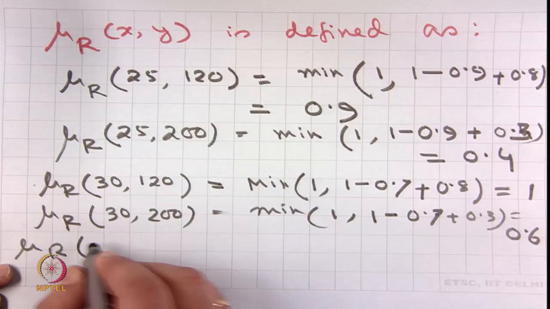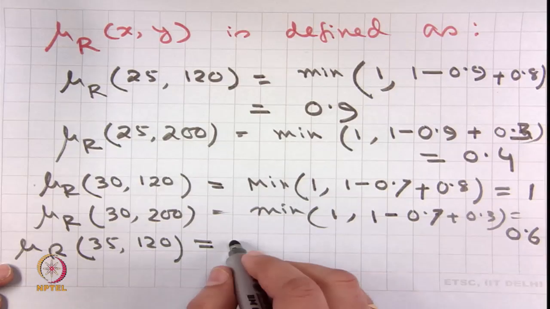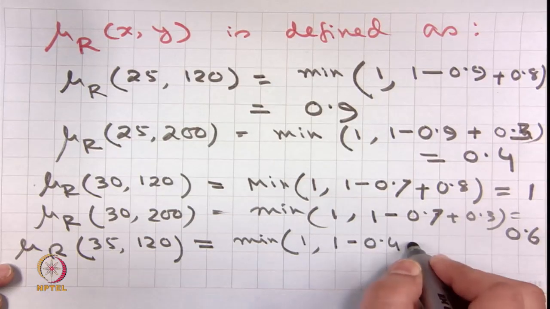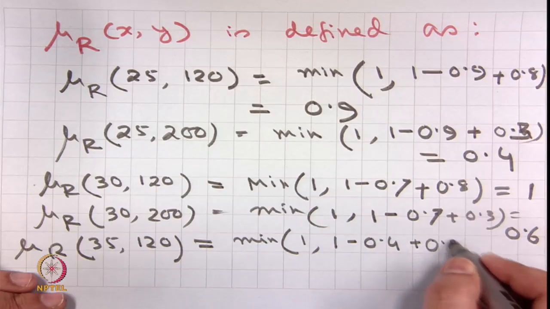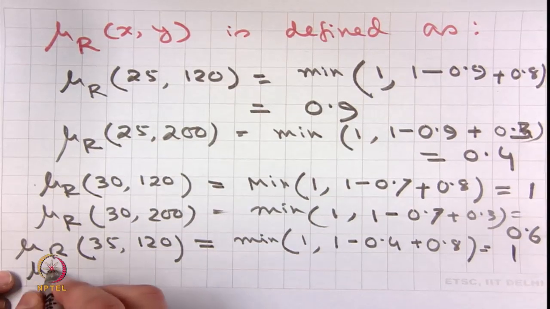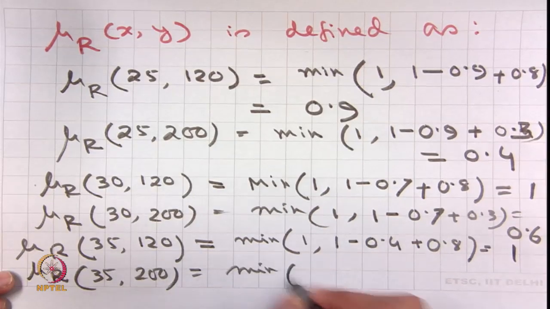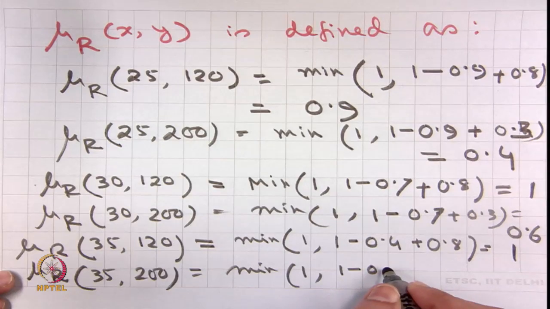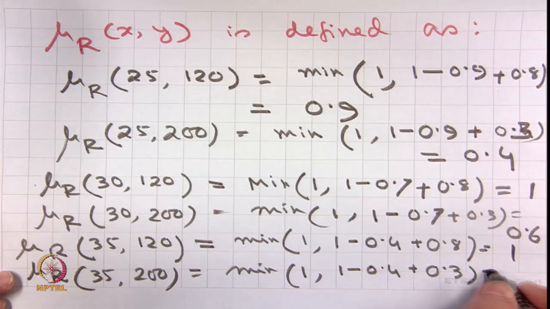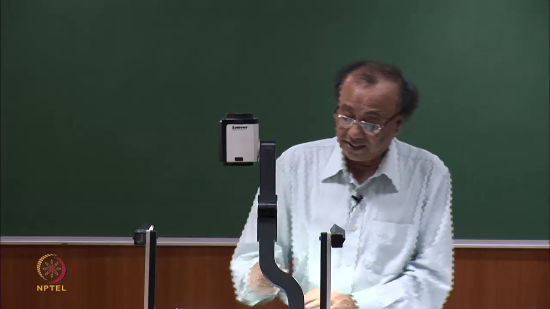Mu R of 35 comma 120 is equal to minimum of 1 and 1 minus 0.4 plus 0.8, which is equal to 1, and mu R of 35 comma 200 is equal to minimum of 1 and 1 minus 0.4 plus 0.3, which is equal to 0.9.